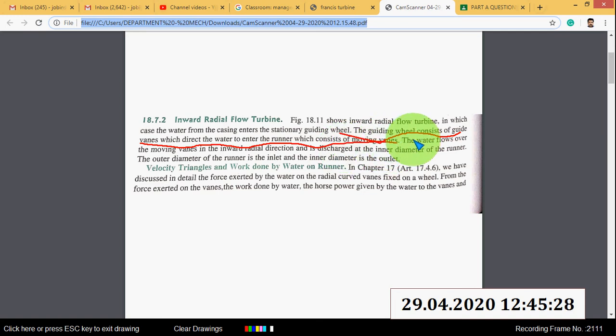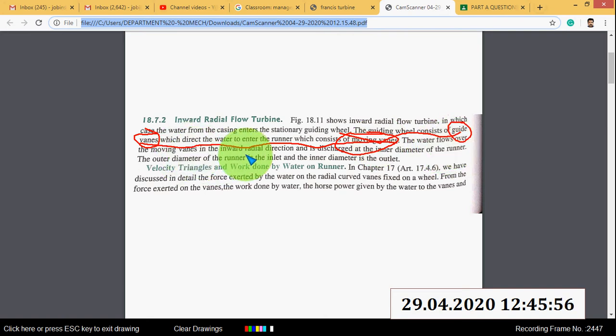Here you can see the guide vanes and moving vanes. So the guide wheel consists of the guide vanes, which direct the water to enter the runner, which consists of the moving vanes.